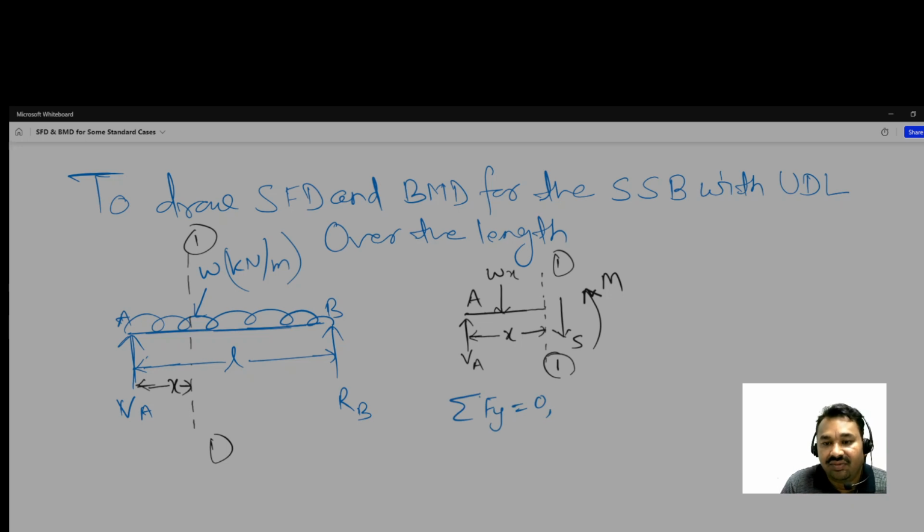Then what are the forces? VA acting upward, and wx acting downward, S acting downward, and S is what here? It is shear force.